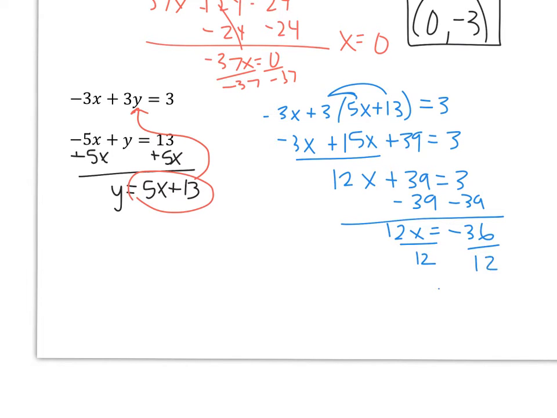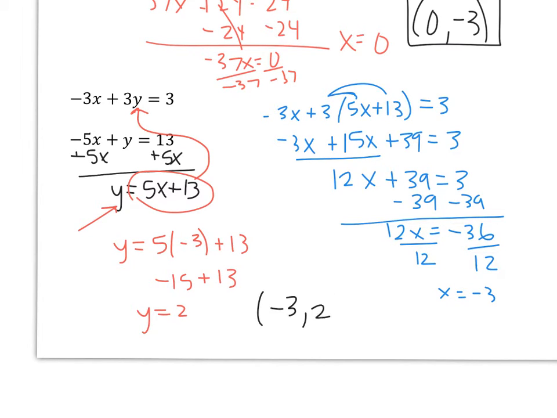Divide by 12, so x equals negative 3. Now I can substitute that back into an equation, either one I choose, whichever looks easier. And I'll go ahead and plug that into the new equation that I rewrote from earlier. So y equals 5 times negative 3 plus 13. Negative 15 plus 13 is 2. So my final answer, written as an ordered pair, is negative 3 comma 2.